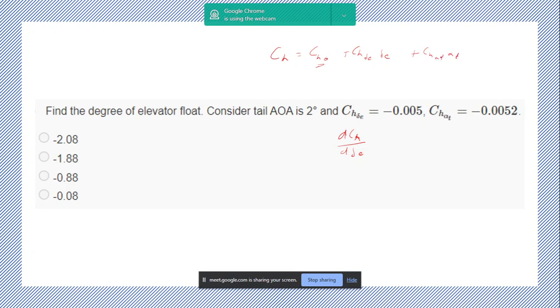So what is elevator float? Angle of elevator float? When you leave the elevator, when you don't hold it, so it is allowed to freely float. So at that point, what will be the hinge moment?